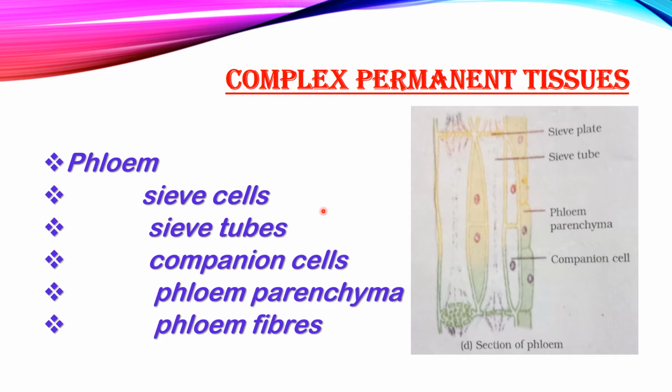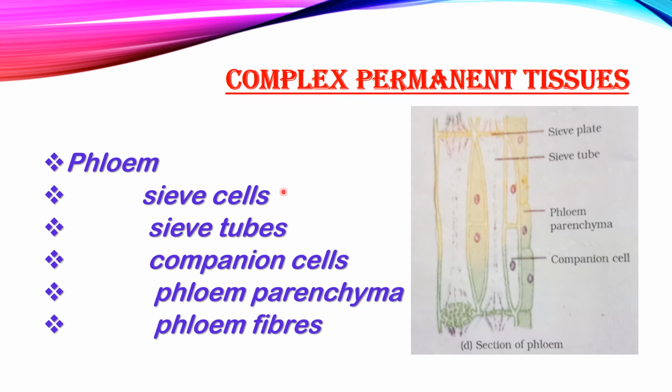All these others consist of living cells, they are living tissue, but phloem fibers are dead cells, and they provide mechanical strength to the plant. Now we have done complex permanent tissue, which consists of two types of tissues, xylem and phloem. Both are conducting tissue, but what is the difference?